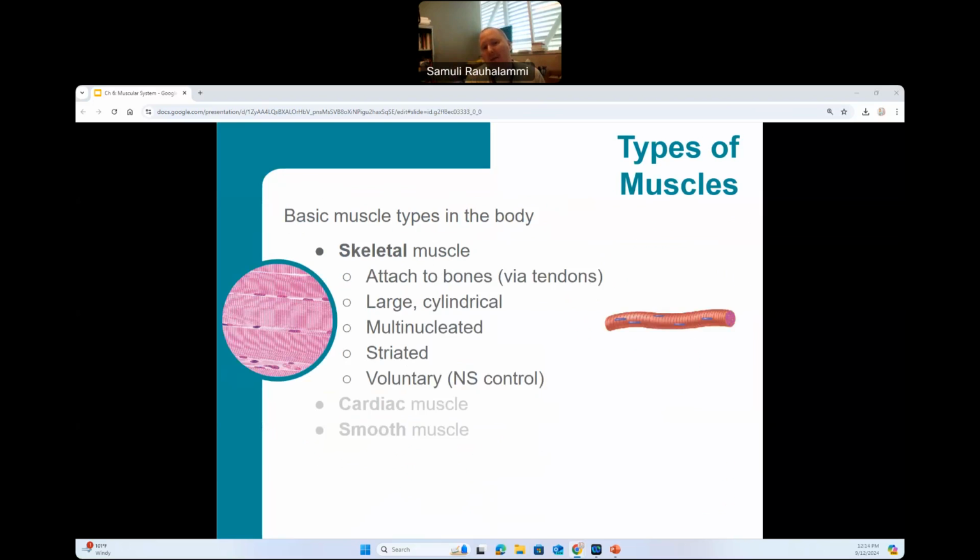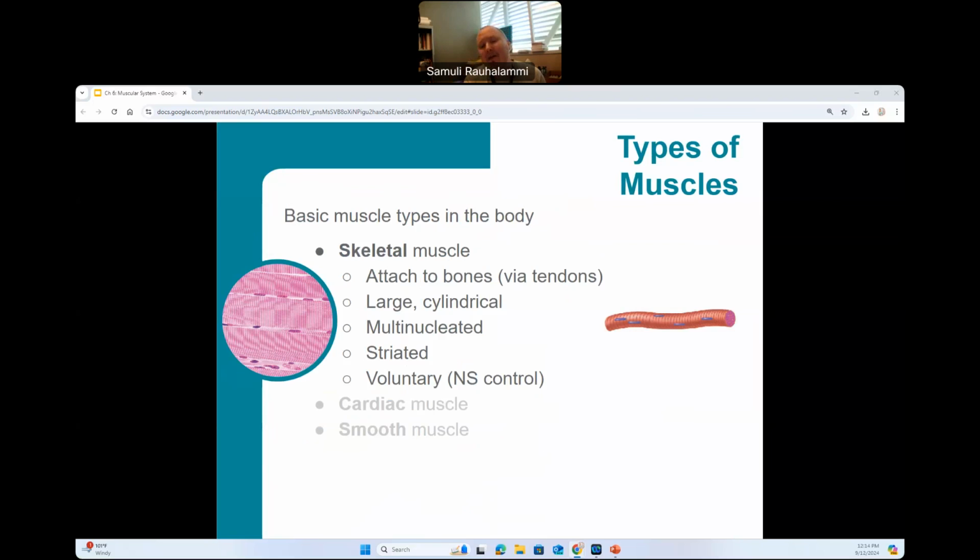But skeletal muscles are the big muscles that we think of when we're thinking of the movements of the body. They attach to the bones by tendons. We'll see that we have a few muscles in the facial area that also attach to the skin. But generally, these skeletal muscles, big muscles, attach to bones by tendons.